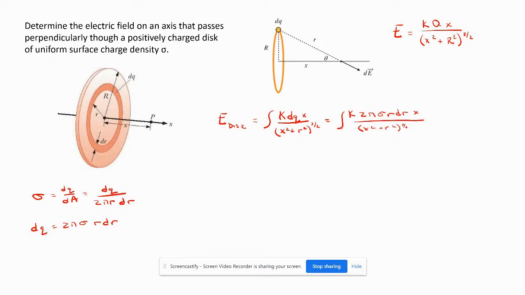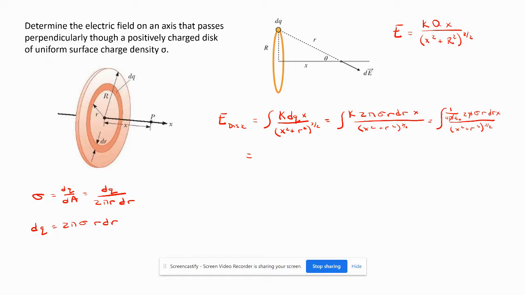Now for the first time, I think it's going to be simpler if we replace this k with the more fundamental version of the constant, 1 over 4 pi epsilon naught. And what this allows us to do is to cancel the pi's.